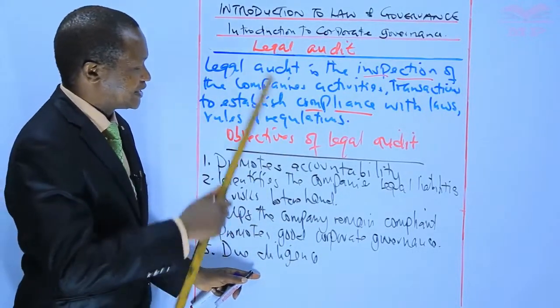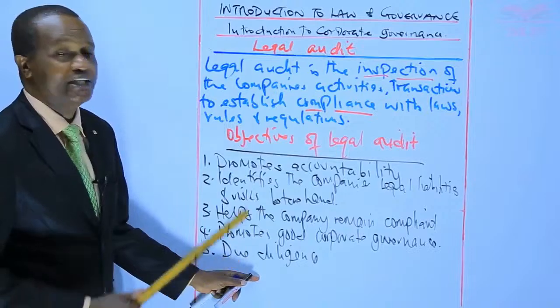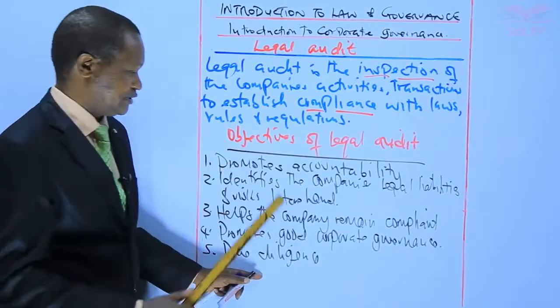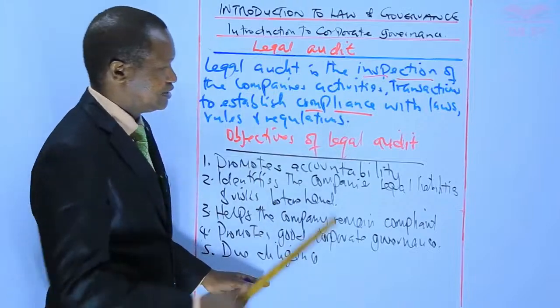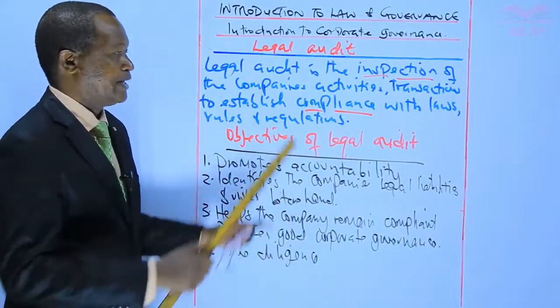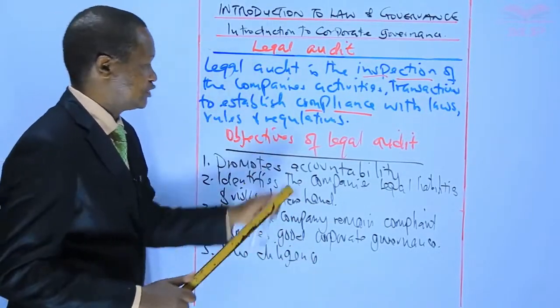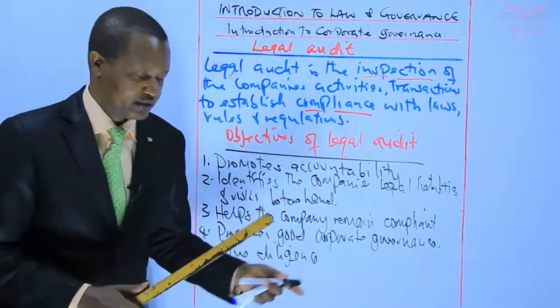When directors carry out a legal audit, they are reducing the possibility of personal liability, because they would have conducted their work as required by laws, regulations, rules, policies, and so on.